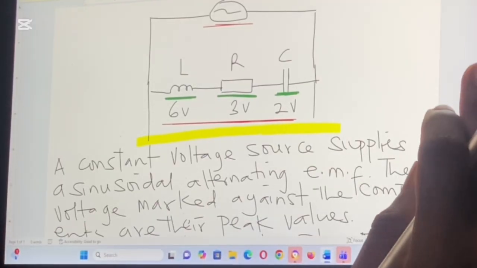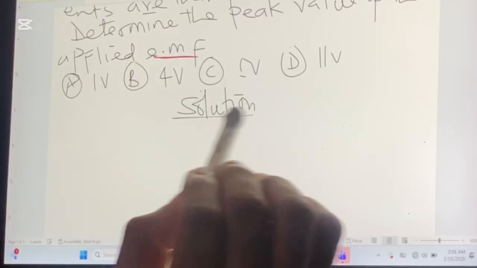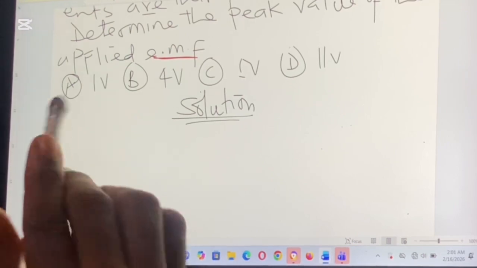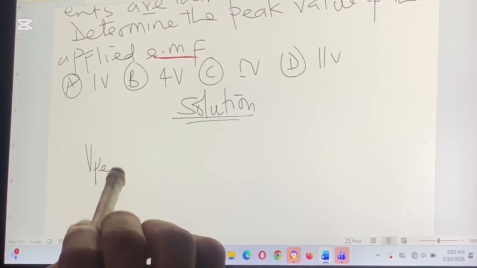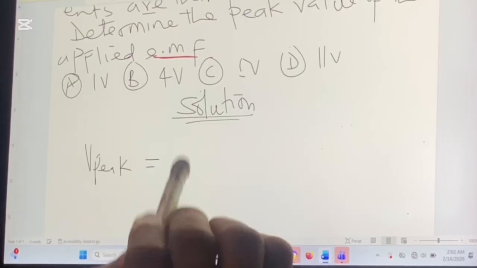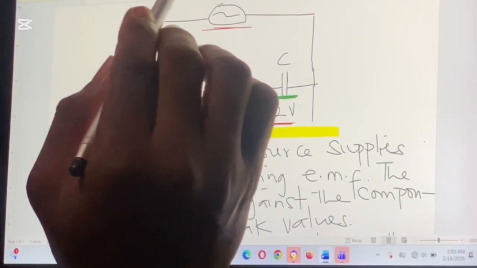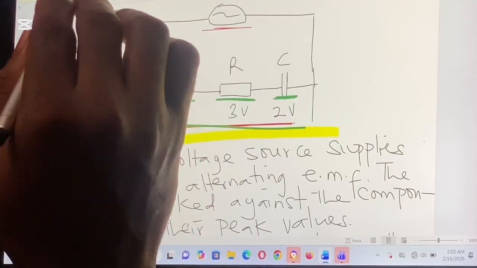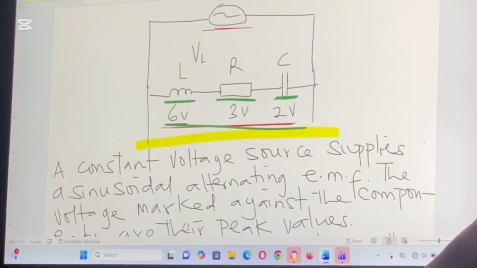So what is a phasor addition here? Solution first before we solve this question. The phasor addition of the peak voltage is going to be V peak, or effective, equal to the square root of all the voltages in this circuit. The first voltage is called the voltage along inductance, that is VL.